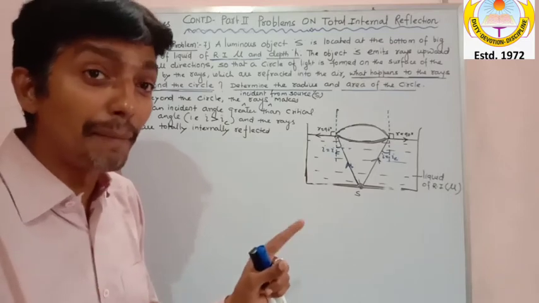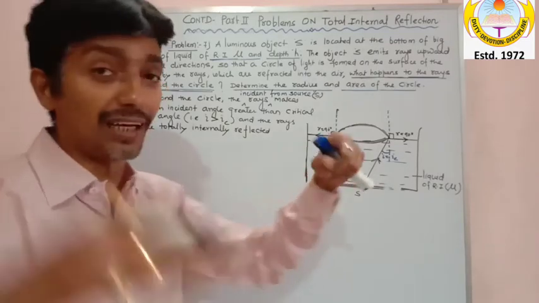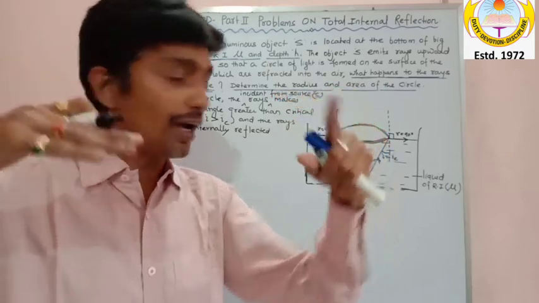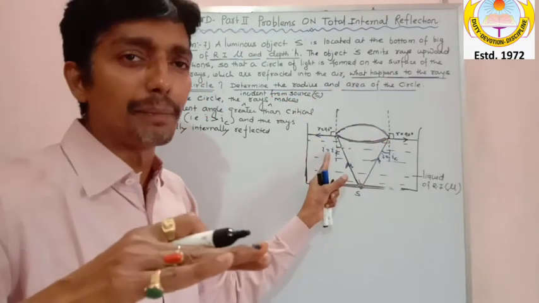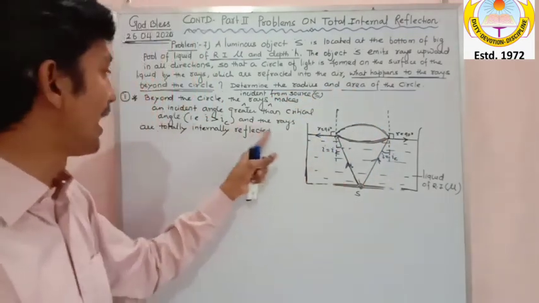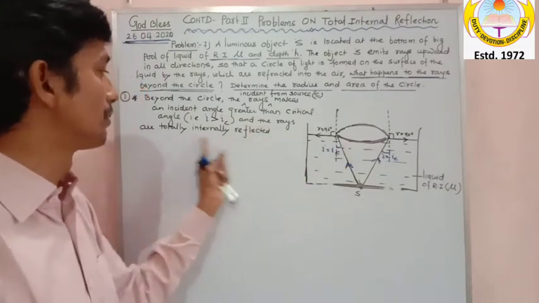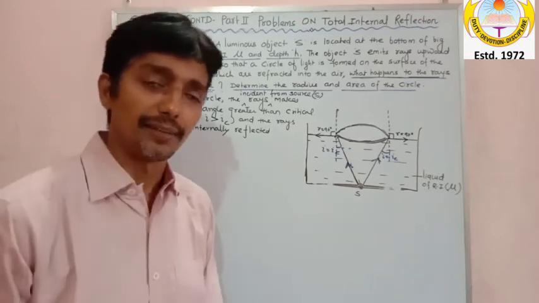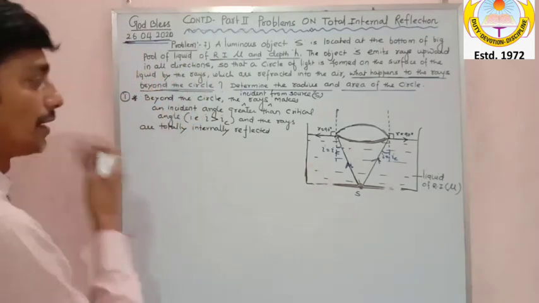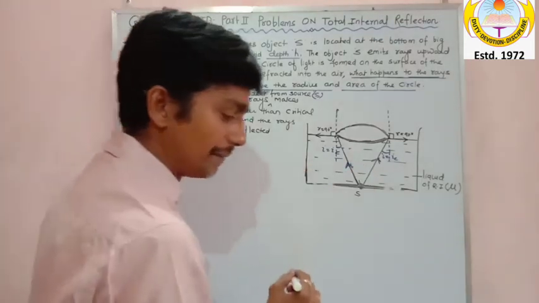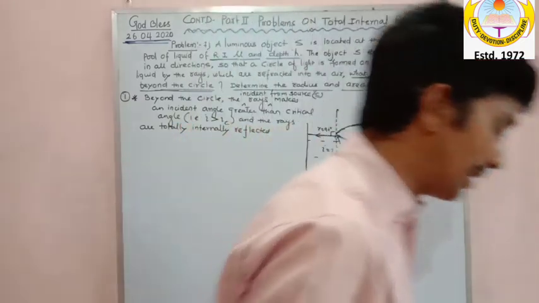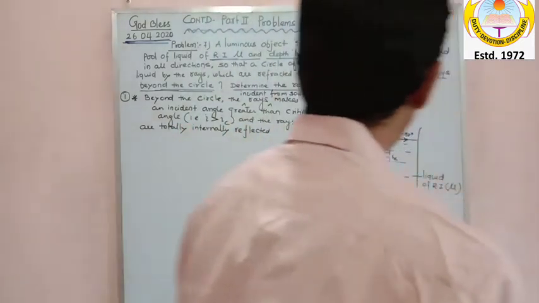The next step, I becomes IC, which is the limit. Now after this, as soon as I becomes greater than IC, the entire light will be reflected. So after forming a circle, the rays will be totally internally reflected. That is one part.